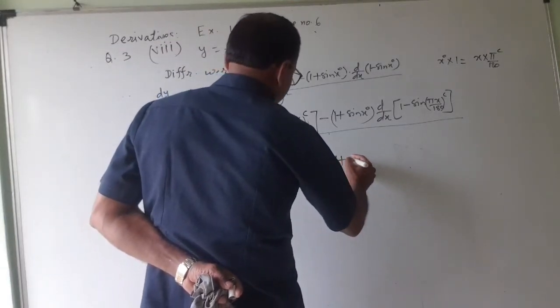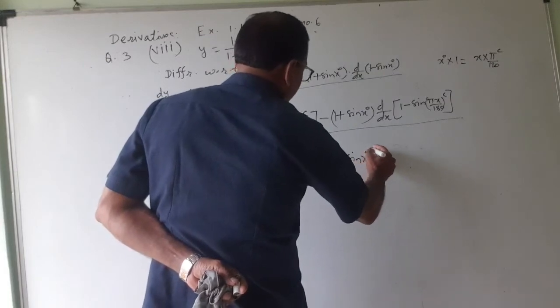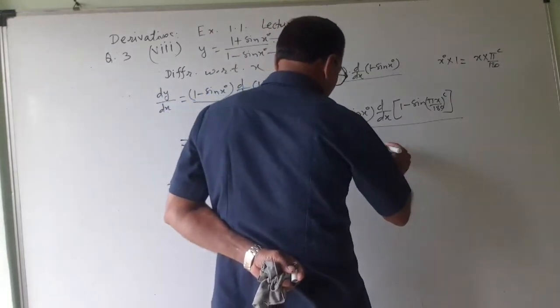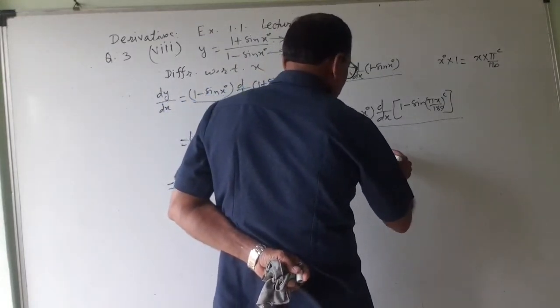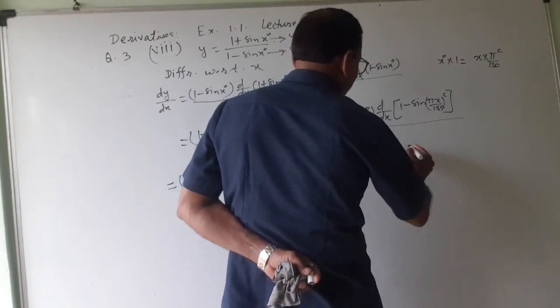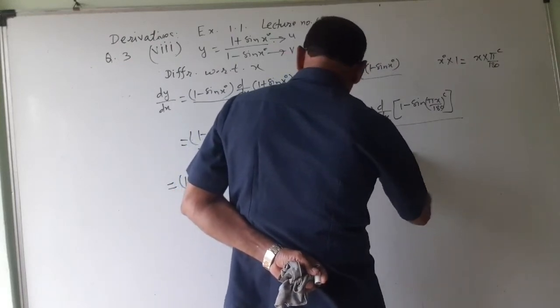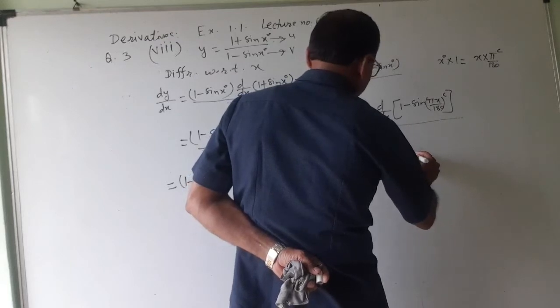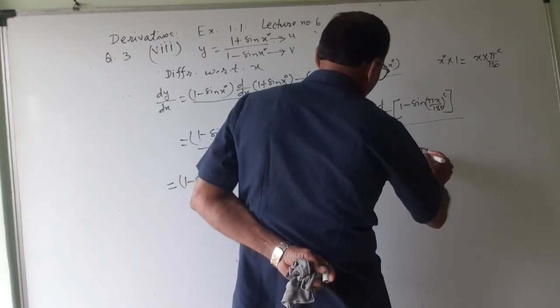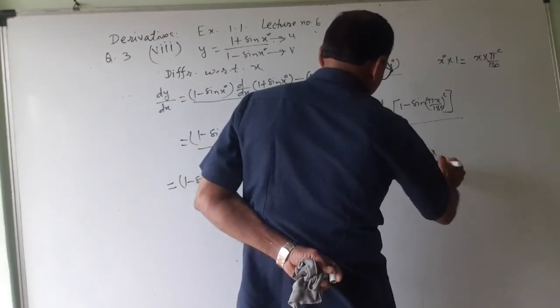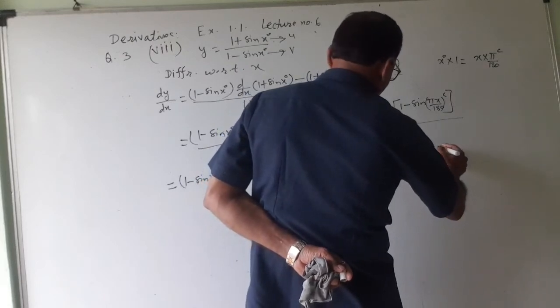Minus (1 plus sine x degree) into derivative of this as usual 0 minus sine, derivative of sine is cos pi x upon 180 into pi upon 180.